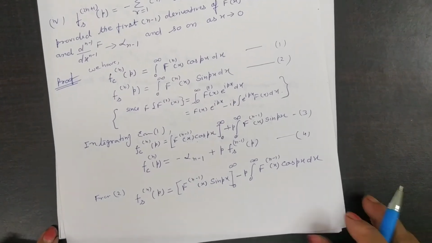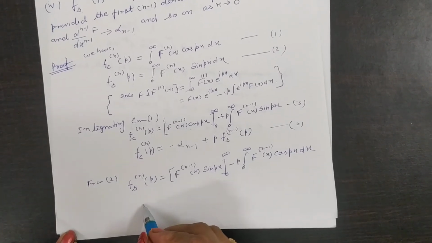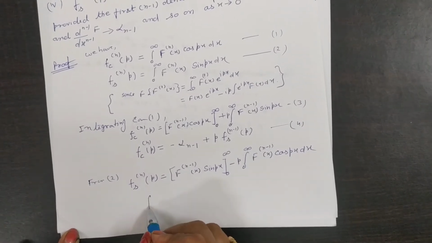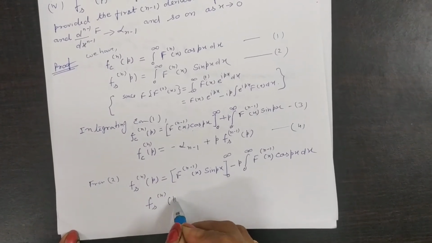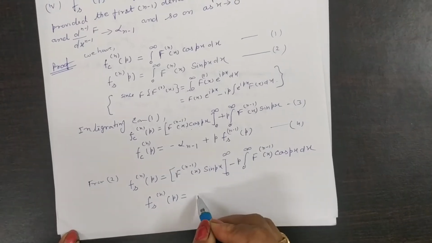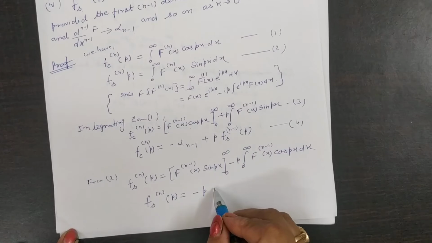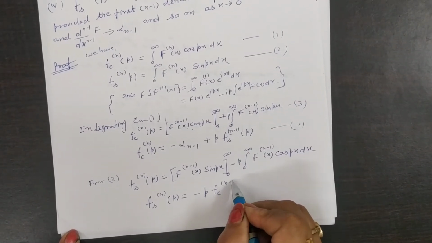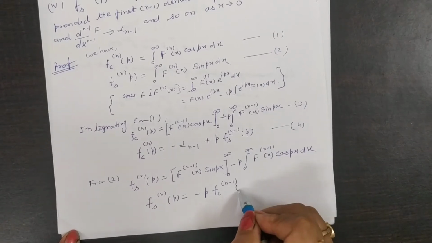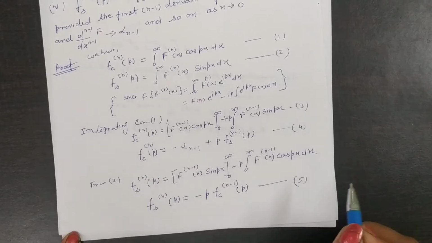So we get the value: F_s n p is equal to minus p times the cosine transform F_c n minus 1. I think it is clear. Let us suppose that the equation number is 5. Is it clear?